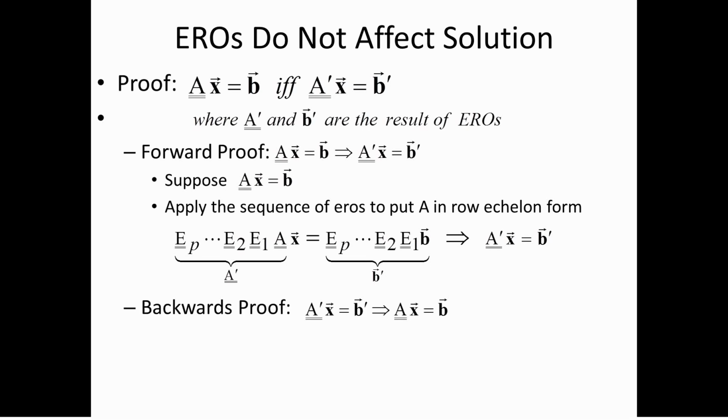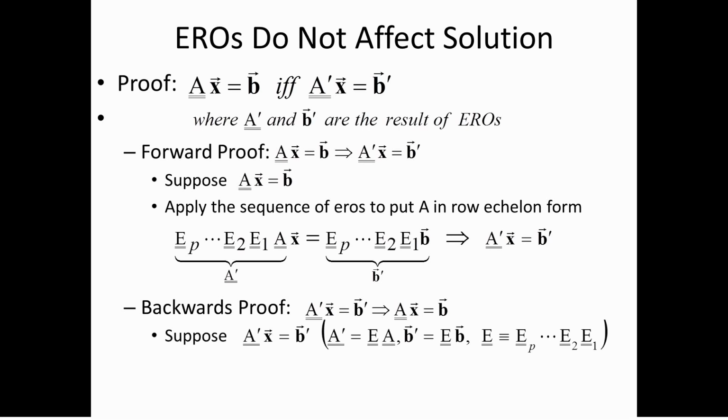Next, we want to prove the backwards direction. We want to prove that if x satisfies the reduced row echelon form of a linear system, it satisfies the original linear system. And this comes just from looking at the structure of A' and b'. Notice that they're equal to some matrix E times the original matrix or vector, and E is this product of elementary row operations.